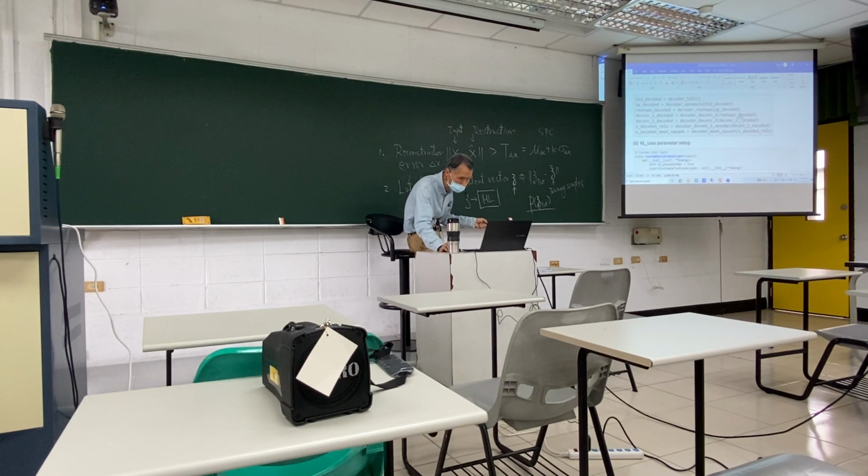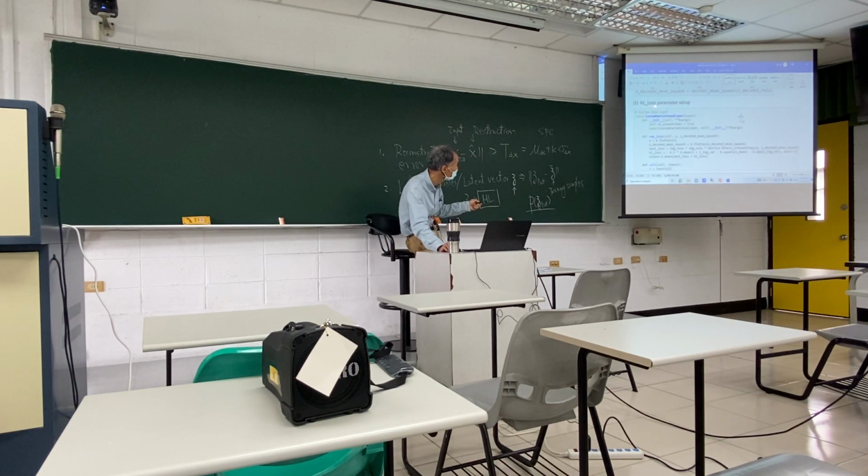You can take a look at the scale, and finally it also shows you the KL divergence parameter in a set. So that's all about the autoencoder for unsupervised learning.